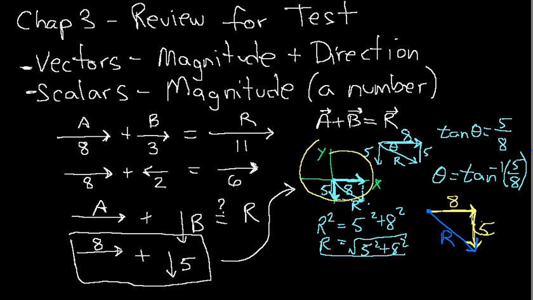And you see that result here, and that angle here is going to be identical to what we did right over here, except that what you need to know is the result of this 8 plus this 5 has got to go from the tail of one vector to the arrowhead of the other vector.